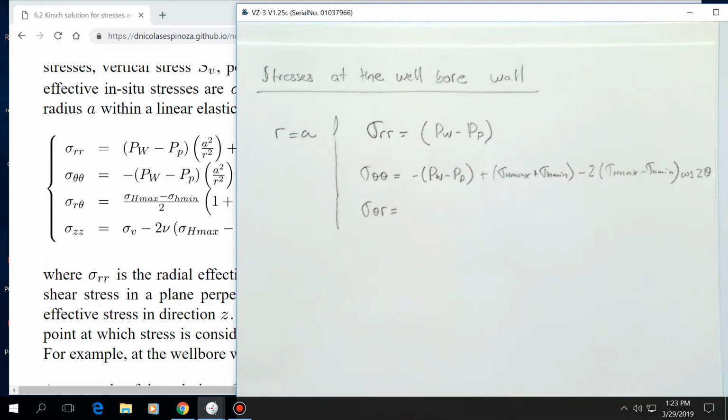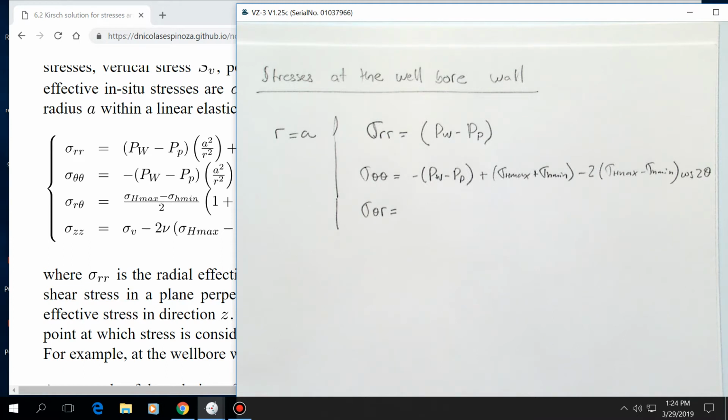Before we look at the equation, what is going to be the shear stress at the wall of the wellbore? Just try to think physically about that rather than looking at the equation. Do we have any shear stress at the wall of the wellbore? Why not, Mr. Nolasco? Because there's no rock to shear against. Exactly, there is no rock to shear against, and there is no reaction to apply a shear.